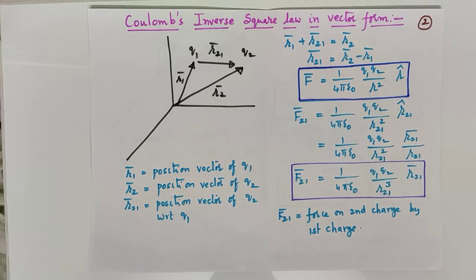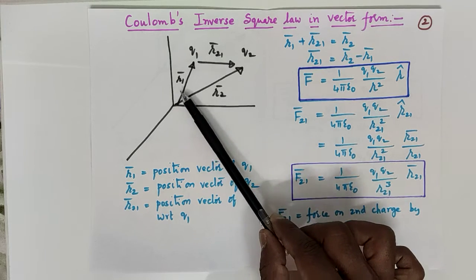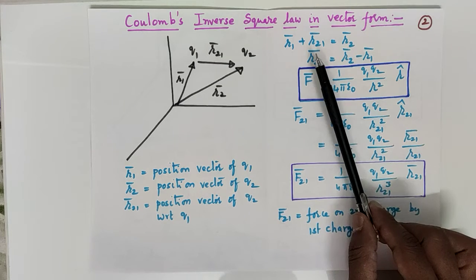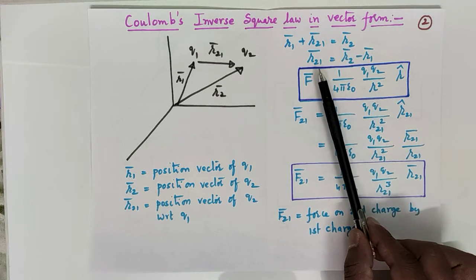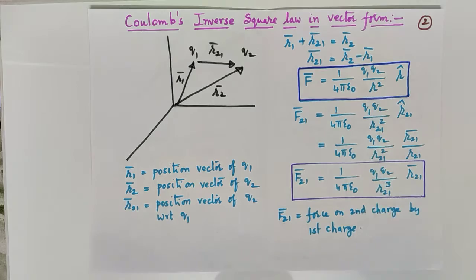We know very well, according to vector addition, r2 bar is equal to r1 bar plus r21 bar. So we have r21 bar is equal to r2 bar minus r1 bar.